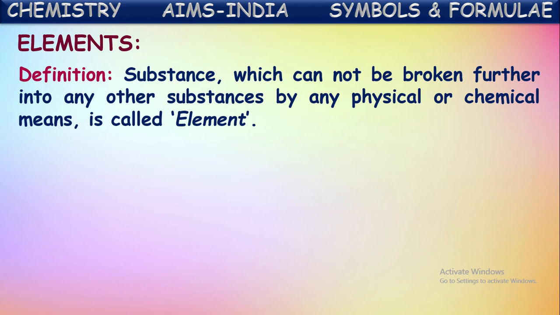Simply to say, a substance which is made up of only one kind of atoms is called an element. Even though you break it, the substance will be of the same kind. That kind of substance is called an element.